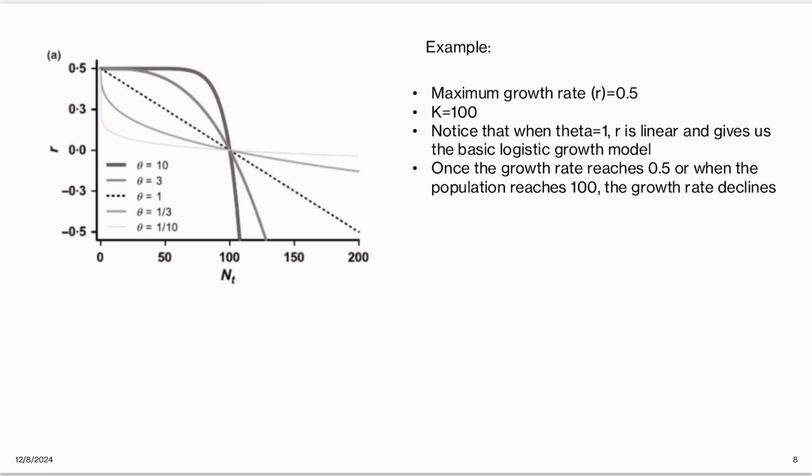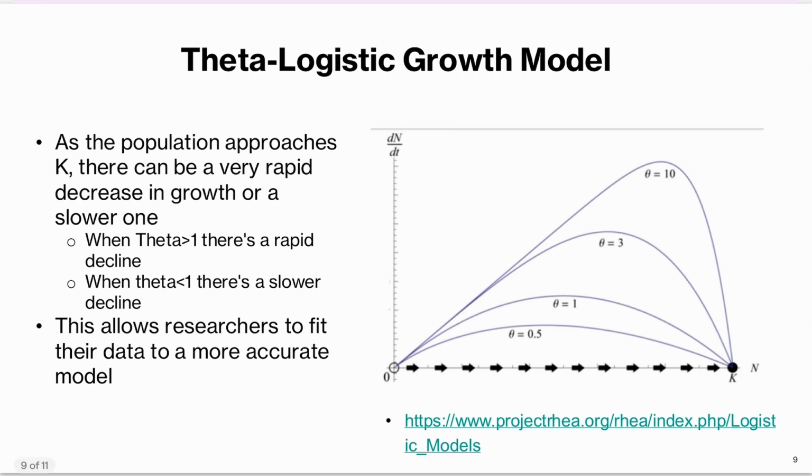So as you can see here on the left, when theta equals 1, we have a straight line. When it is anything other than that, once we reach 100, it is either very steadily decreasing or very steeply, rapidly decreasing. So as the population approaches K, there can be a very rapid decrease or a slower, steady decrease. When theta is greater than 1, there is a rapid decline. When theta is less than 1, there is a slower decline.